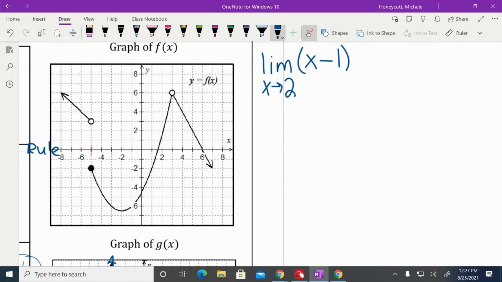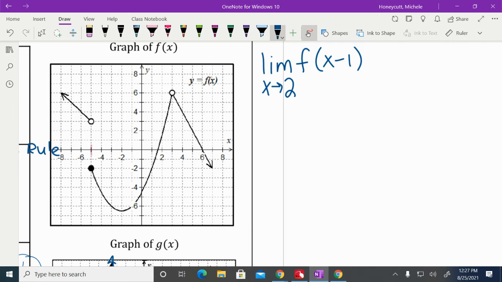No, not x minus 1, f of x minus 1. So we're not subtracting one outside, we're subtracting one inside the parentheses. This is the graph of f, and they're asking me about the graph of f of x minus 1.